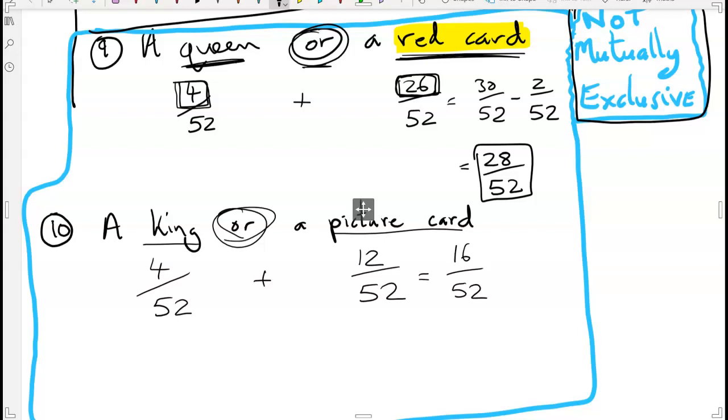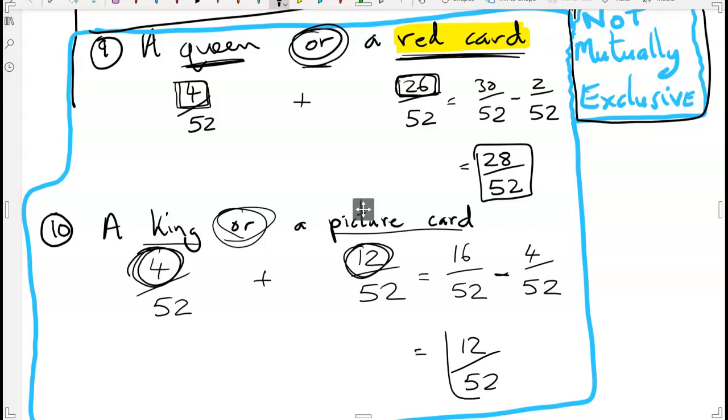But of course, ask yourself, have I included the same cards twice? Yes, I have. Kings are picture cards, so I can't include them here and here. So I need to remove them. I've counted them twice, so I need to take away that 4. So the probability of getting a king or a picture card is actually 12 over 52.